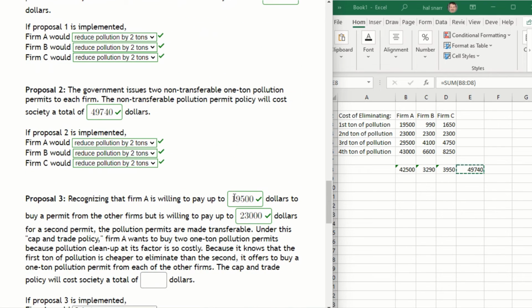Okay, so recognizing that is a really key important thing here, right? So, if the permits are made transferable, we have a pretty good idea that B and C will be willing to sell one or more of their permits to A, right?